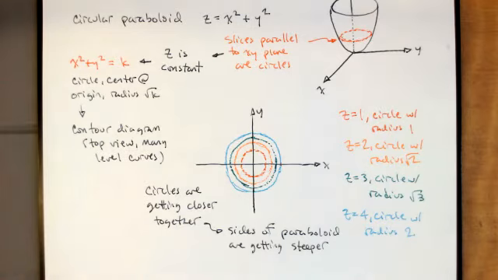So we see that slices parallel to the xy plane are going to be circles. These are going to be slices where z is constant. Let's slice parallel to another plane.